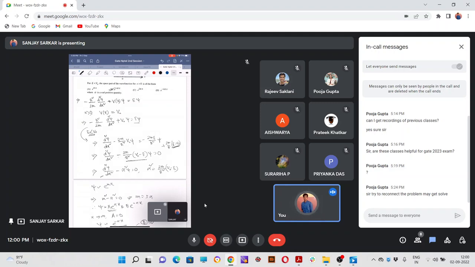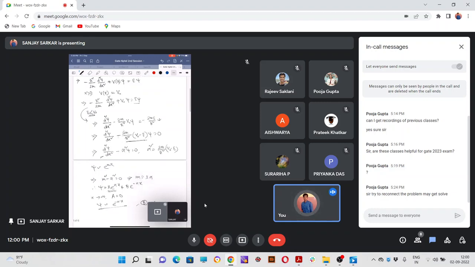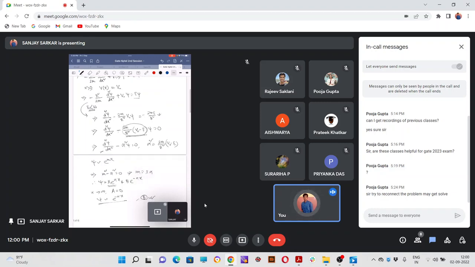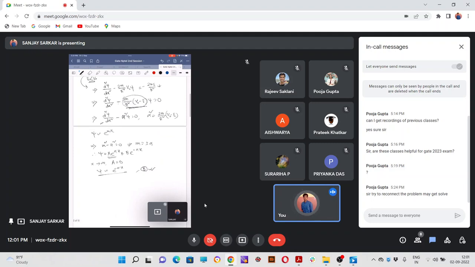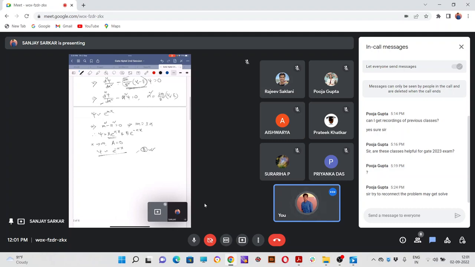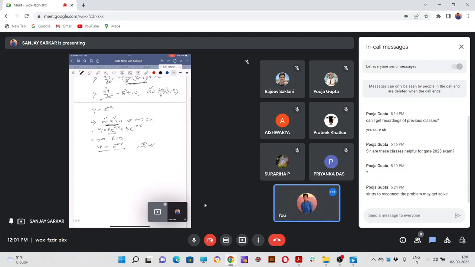That is why I have written it this way, minus and then (V0 minus E). In that way this value is positive, because we will write this in terms of a square of any number. So we have replaced this value as alpha square, and if we take psi in the form of e to the power mx, then we get this equation, and from it we can see that m equals plus minus alpha.